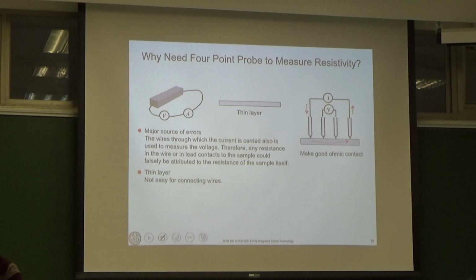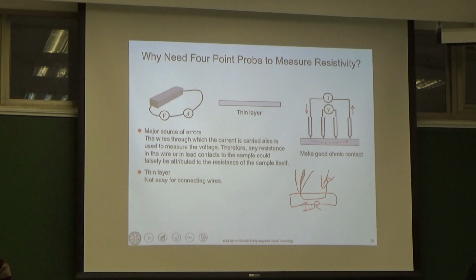If you just use two probes to measure these materials, the voltage you measure will be not just the I times the resistance of this material, but also your I will flow through this probe area, and your probe will contribute a certain amount of resistance in your measurement.